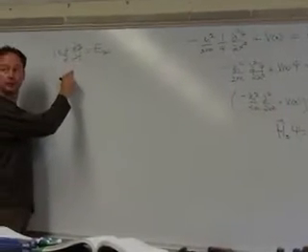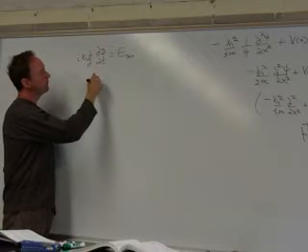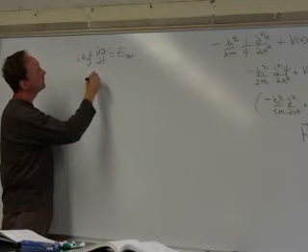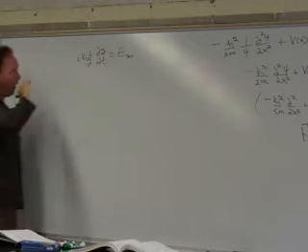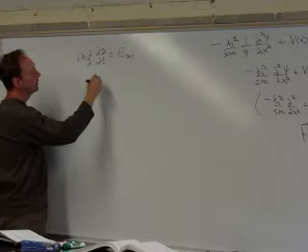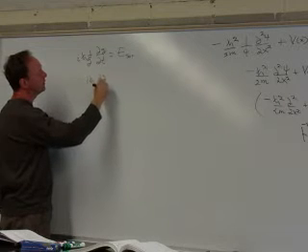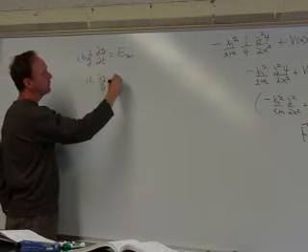Let's look at the time-dependent part. Okay, well, let's do some algebra. Let's go i h bar partial g over g equals E total.